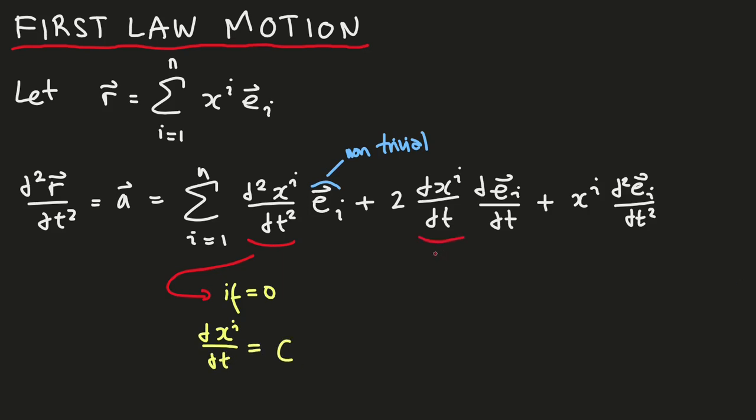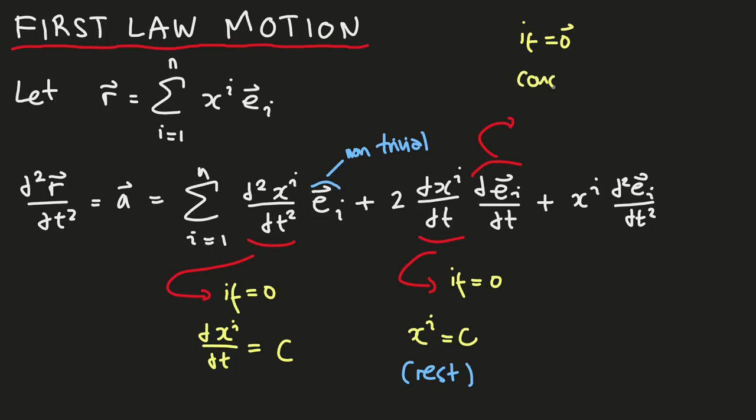The next one, if the first derivative is equal to zero, that means each component of the position vector is a constant with respect to time, or simply that the object in our system is at rest. The next part is if we take the first derivative of the basis as a zero vector, we get a constant direction of the position vector.